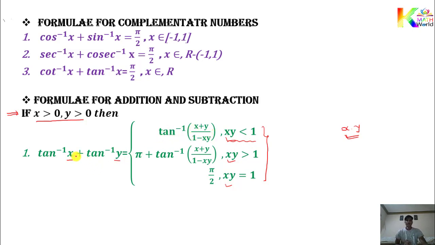Addition: x plus y over 1 minus the product of these two. It means in the numerator you get addition, in the denominator you get 1 minus the product. So whenever the product of x and y is less than 1, you use the first result: tan inverse of (x plus y) over (1 minus xy). Okay.